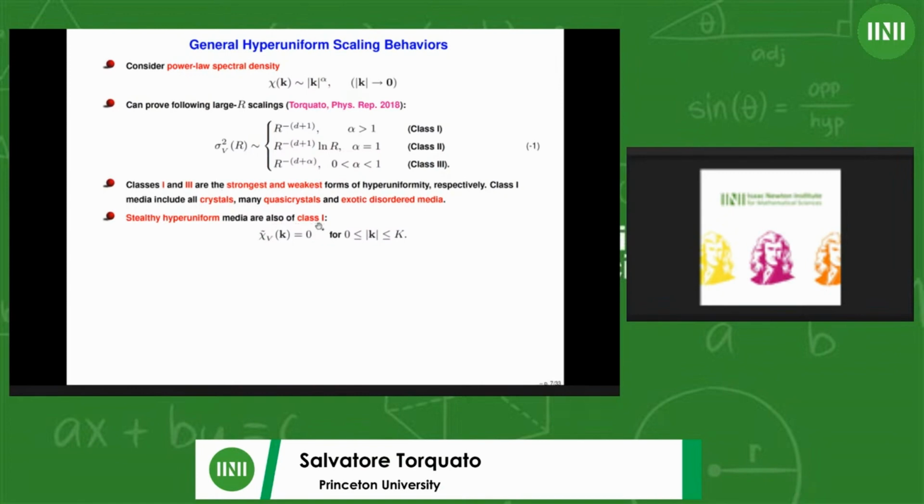That's also class 1, but this is really the strongest form of disordered hyperuniformity that you can have, where you have 0, not just as k goes to 0, but in a region around the origin up to some capital K, some cutoff. Again, this is really, really bizarre behavior. I can't impress upon you how bizarre this is.